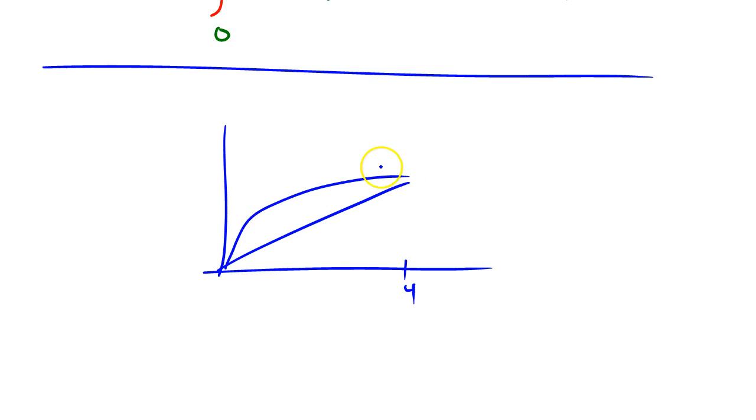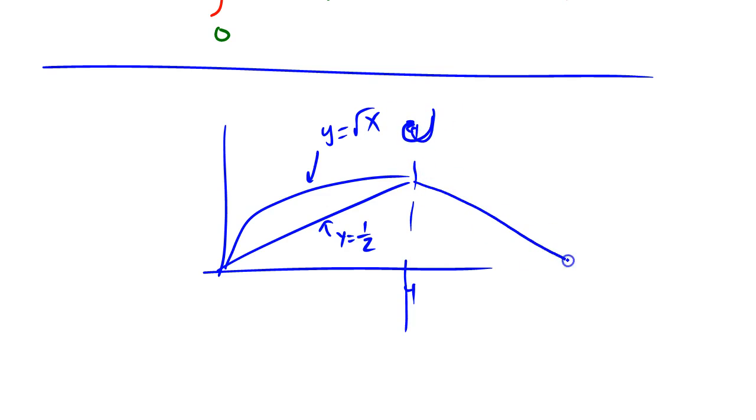I've got y equals a half x out to 4 there. I've got y equals the square root of x. I rotate around the line x equals 4. I'm trying to do an arrow going around that line, and I'm not always successful at doing that.